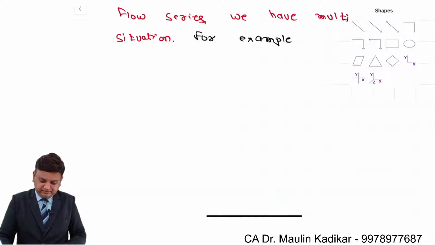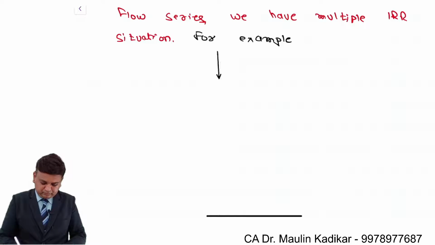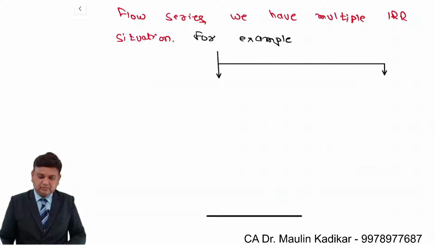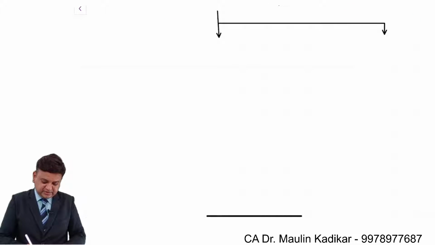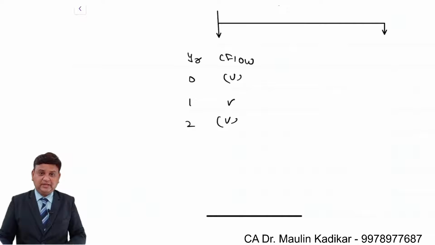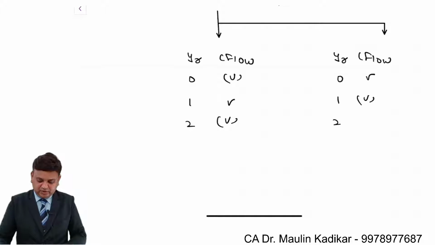For example, only for understanding purposes, I am writing the cash flow series. Year 0, year 1, year 2: cash outflow, cash inflow, cash outflow, like this. Or year 0, year 1, year 2: inflow, outflow, inflow.